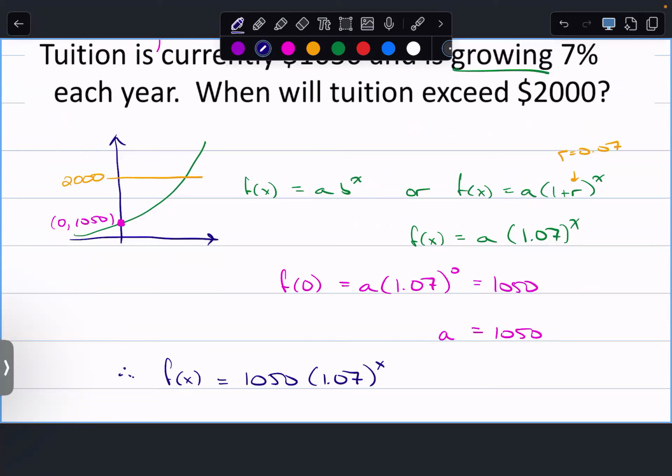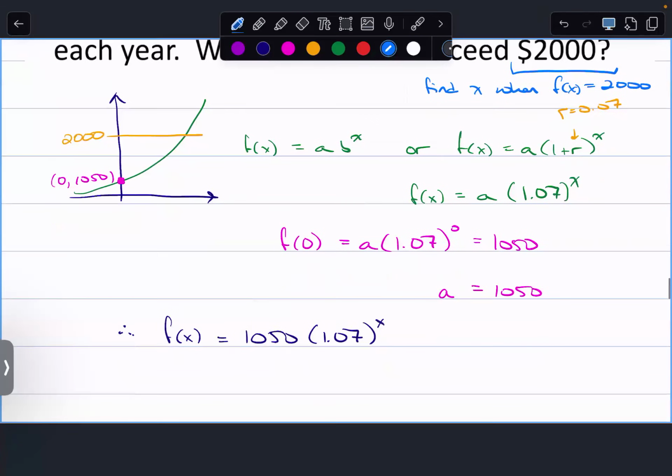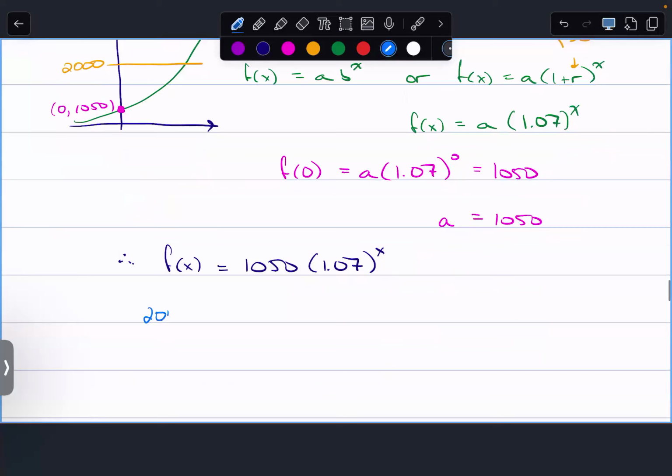What color haven't I used? Light blue. We want to find x when f of x is 2000. If I force this to be 2000, it is 1050 times 1.07 to the power of x.